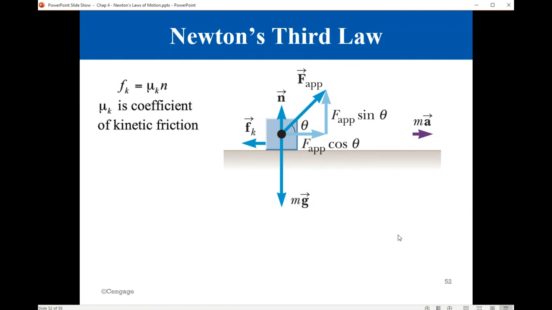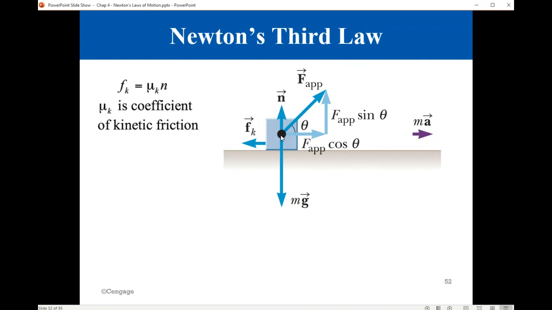We are all familiar with this situation. If you have an object on the ground and you are connecting a string or rope to this object and trying to move it, as you apply force at the beginning, the object resists the motion. But if you keep increasing the magnitude of the force, at one point, the object will start moving.